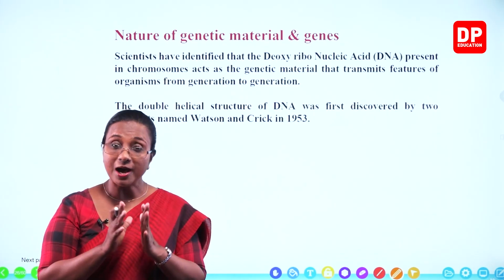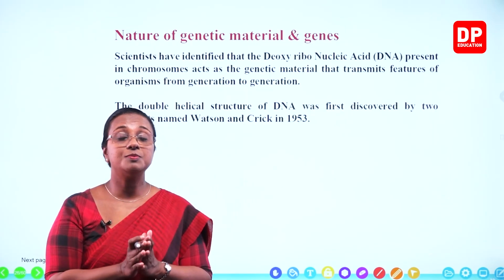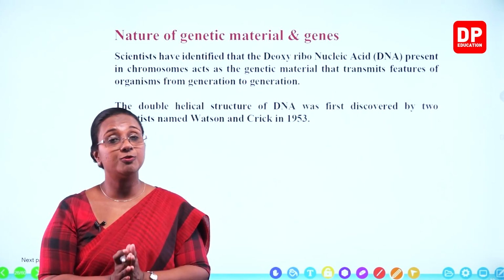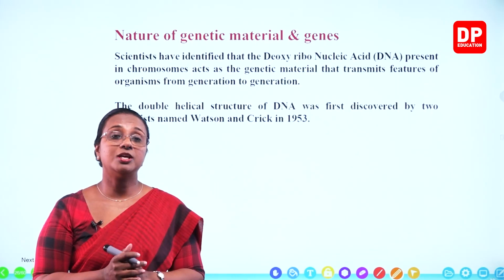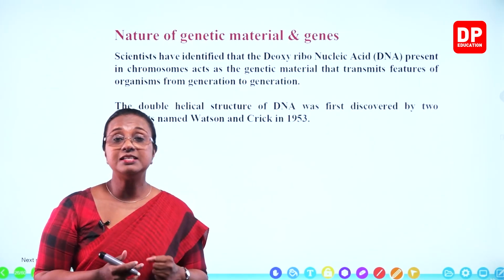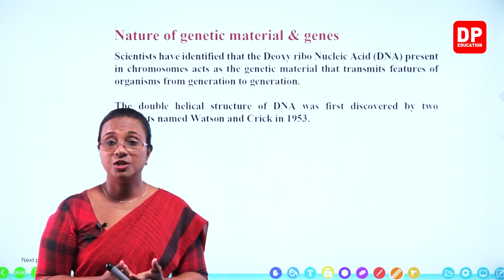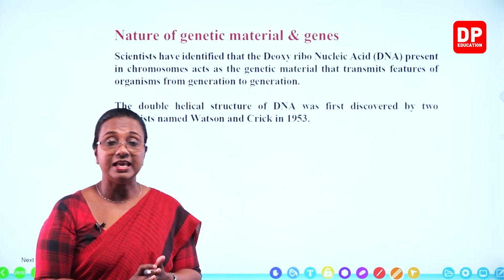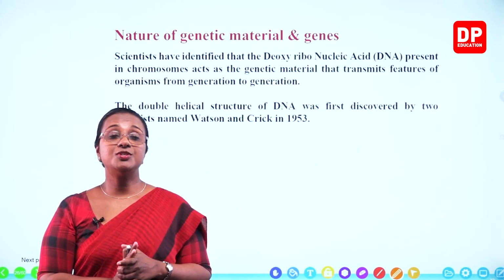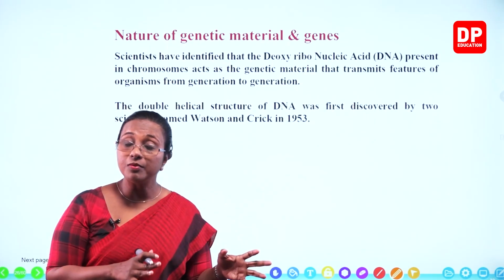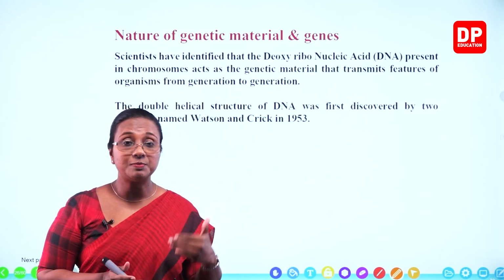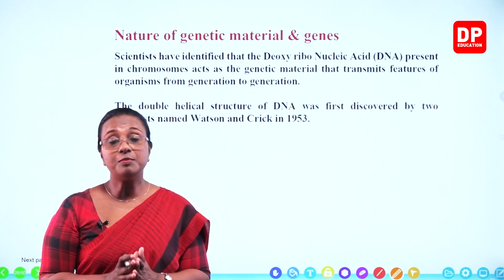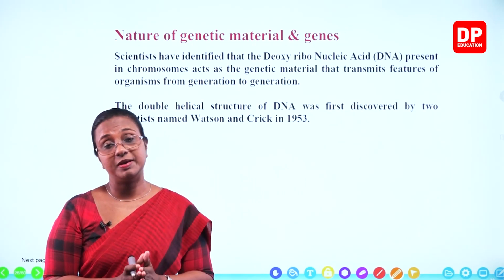So when we have a pair of chromosomes, these chromosomes are made up of DNA, that is deoxyribonucleic acid. And this DNA molecule is the one that contains all this genetic information. So when we say genetic material, that is DNA. From your previous knowledge, students, you know that in all the organisms, that is plants, animals and man, there is DNA, the molecule that stores the genetic information.